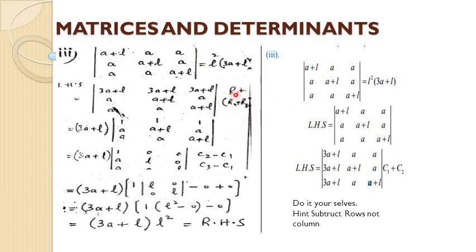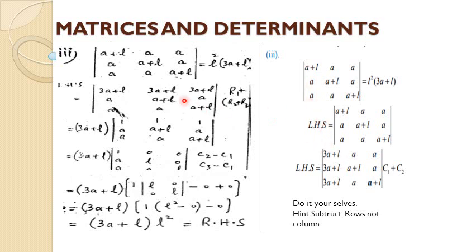Add row 1 plus row 2 plus row 3, meaning a plus a plus a, 3a plus l, 3a plus l, 3a plus l. And in this case you can add columns, column 1 plus column 2 and column 3. So 3a plus l, 3a plus l, 3a plus l, you can see.